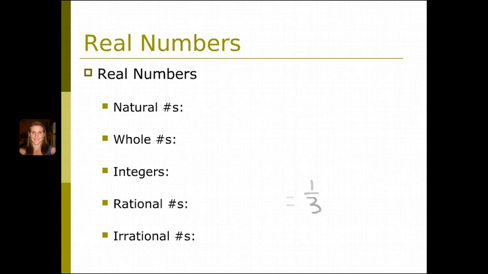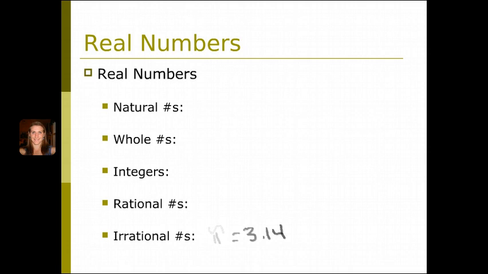Irrational numbers are numbers we really don't like so much. They're the numbers that aren't very easy. For example, an irrational number could be pi. And we usually say that pi equals 3.14. However, pi never stops. Therefore, irrational numbers are non-repeating and non-terminating decimals.